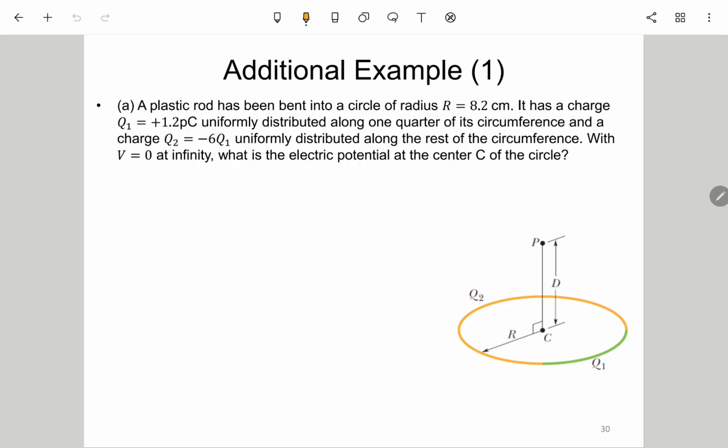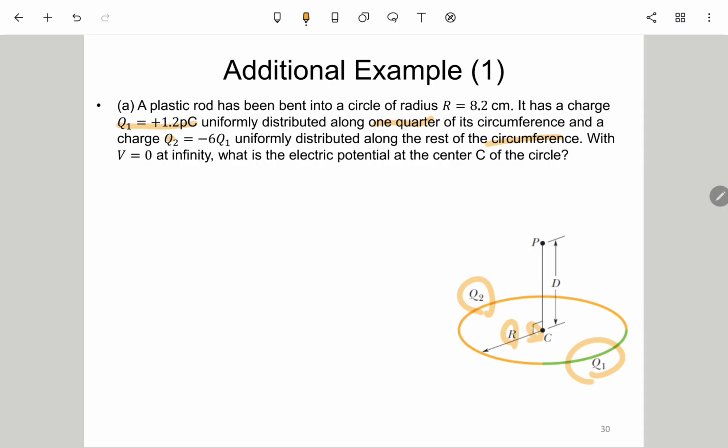It has charge Q1, a positive value, uniformly distributed along 1/4 of its circumference, the green part, and charge Q2 distributed along the rest, the other 3/4. With V equals 0 at infinity, what is the electric potential at the center C of the circle? For this point we just need to know the radius is r.